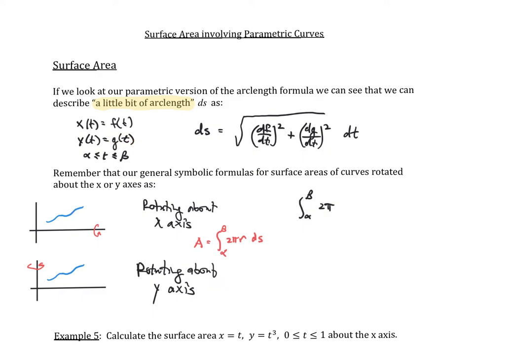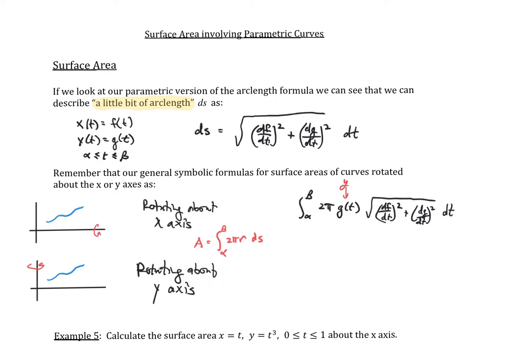Okay, so I'm going to put g of t over here, and I'm going to remind you that this was y. And then we just have our ds piece. So our ds piece is this square root of (df/dt) squared plus (dg/dt) squared dt.